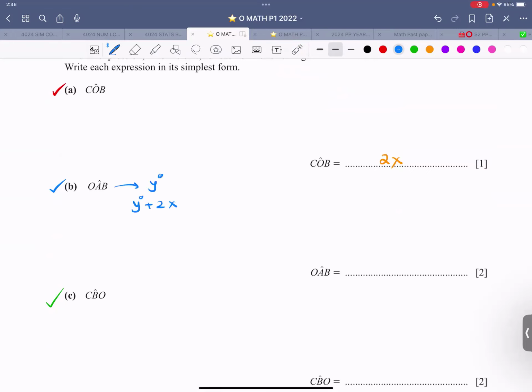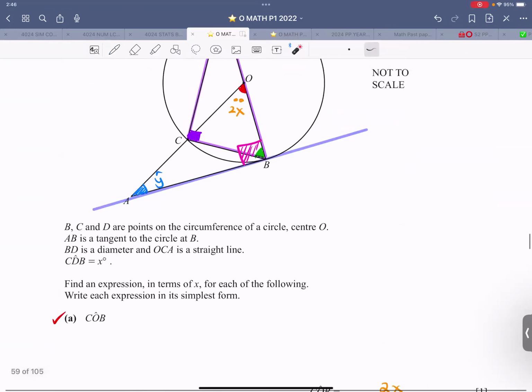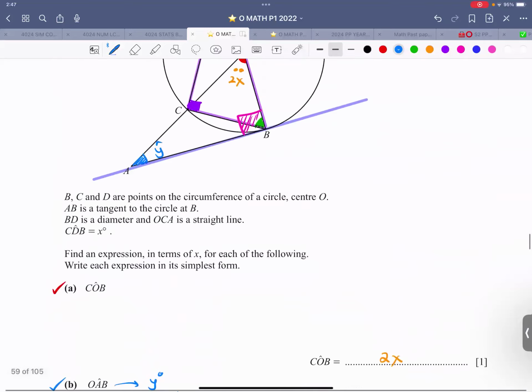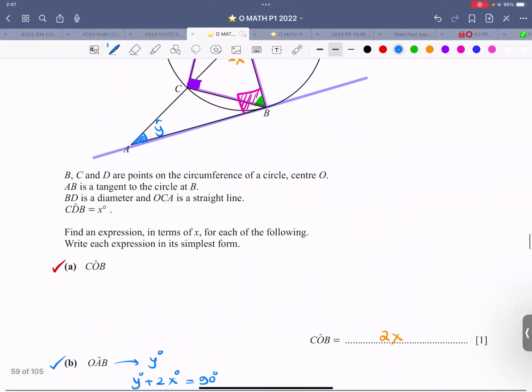So y plus 2x is 90, because if one angle is a 90-degree angle, the other two should add up to 90. Therefore, y is equal to 90 minus 2x. So that is OAB.